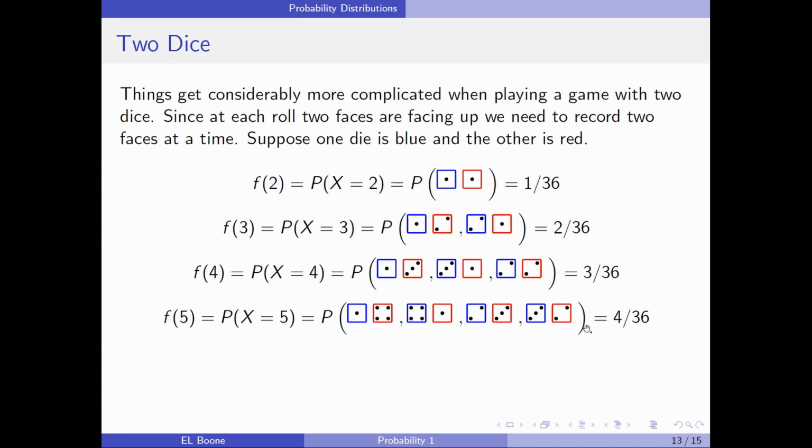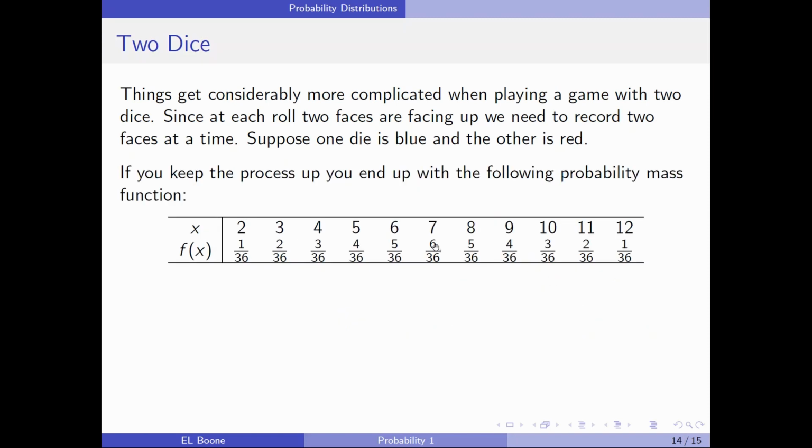If you keep doing this, you'll end up with what's called a probability distribution. It has all of the values of x listed and a probability associated with each. I put this in a table because there's no point in looking at all those dice over and over again.